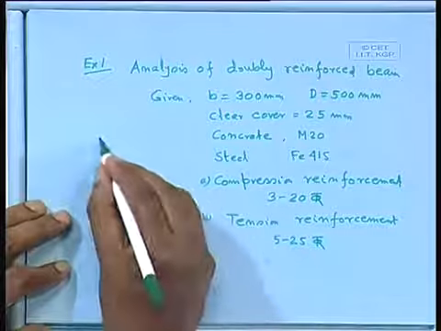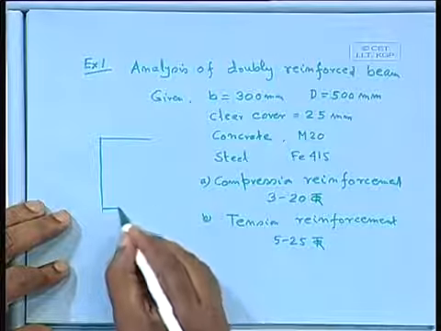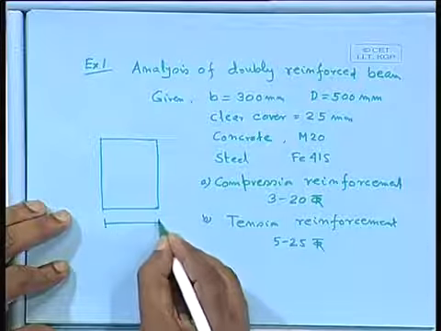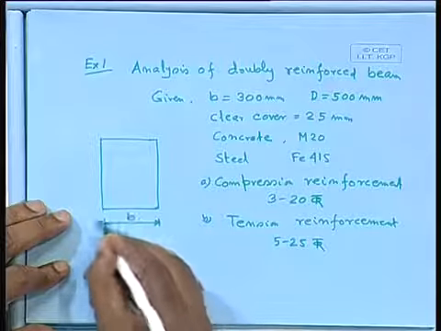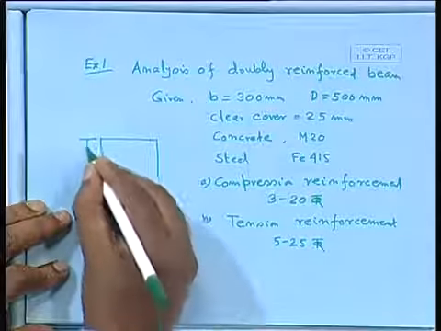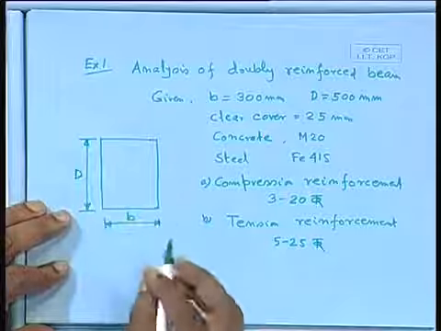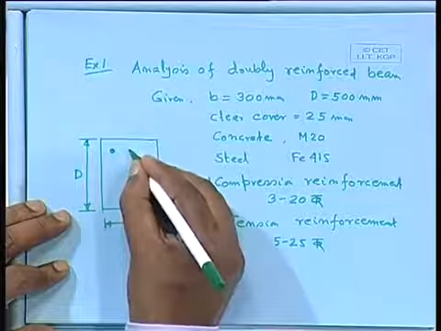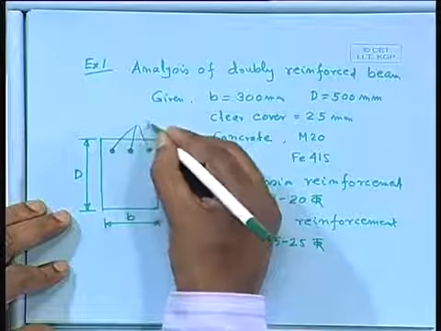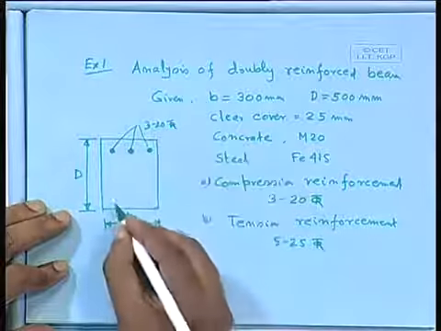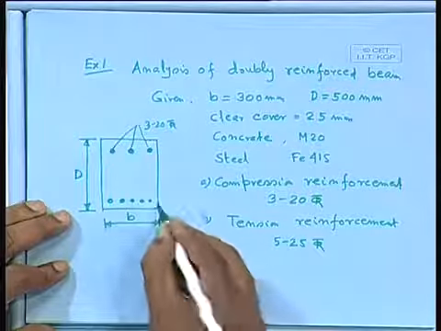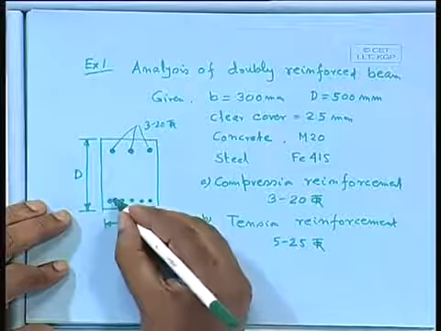Let us draw the section. b, capital D, 3-20, 5-25.